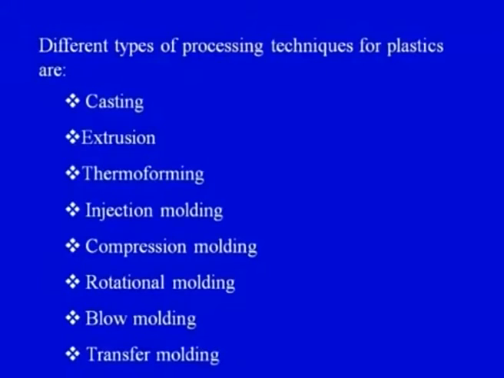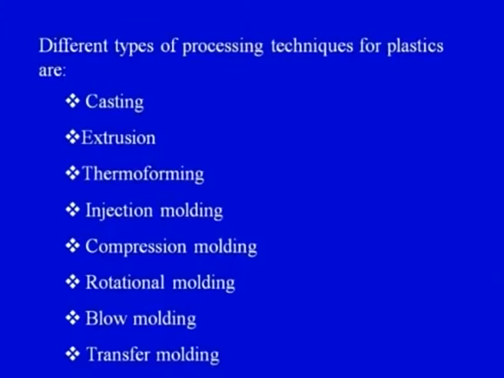Now, without going into the details of the classification process, we have just listed down all the processes which can be used for processing of plastics. There can be other processes also, the list is not complete, but certainly these are some of the important processes which can be used for processing of plastics. On your screen you can read the different types of processes.